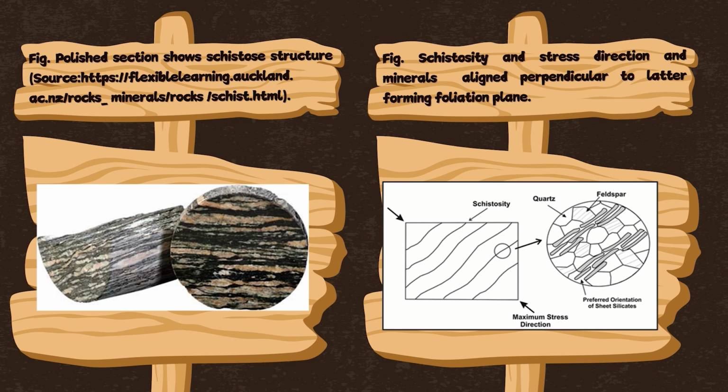The black color line shows schistosity in the white background, and you have quartz feldspar and you have a preferred orientation of sheet silicates.